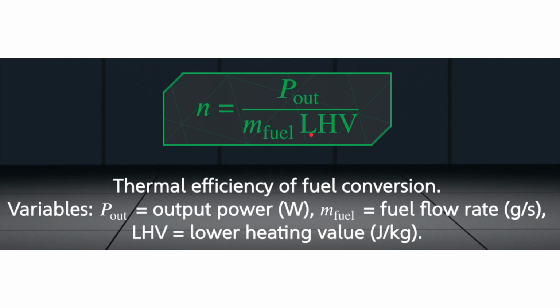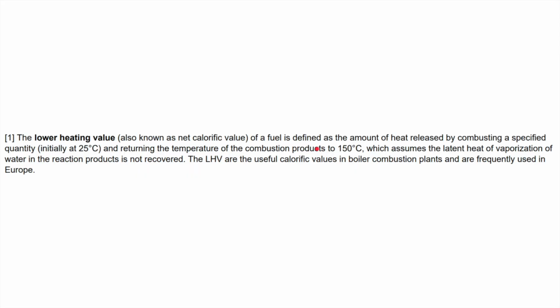Chemical power is the m fuel, the fuel mass flow rate, times LHV, the lower heating value, which is defined roughly as the amount of heat released when a fuel is combusted but has more conditions shown here.